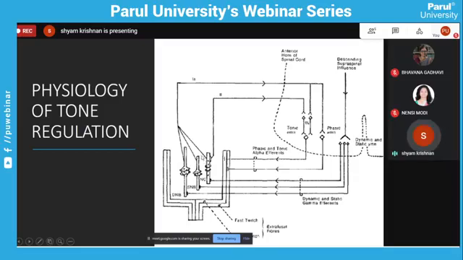Now the 1A afferents which supply the alpha motor neuron, which is basically supplying the extrafusal muscle fiber, the basic muscle fiber, essentially get innervation from both the dynamic nuclear bag fibers and static nuclear bag fibers, as well as the nuclear chain fibers.